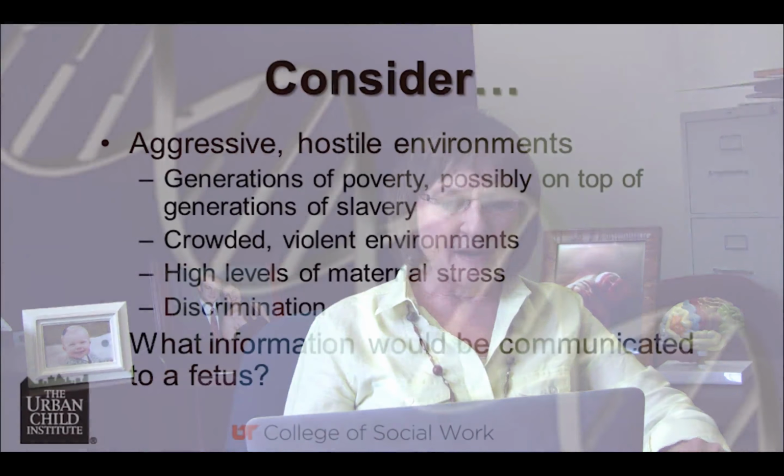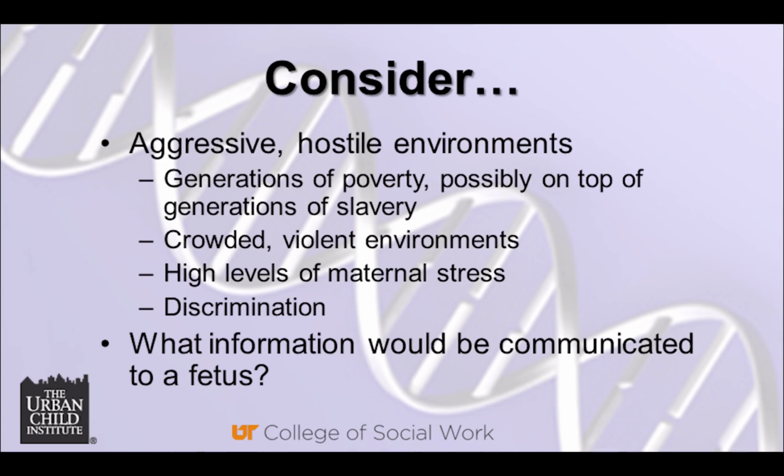So before we move on, I want you to consider a number of environmental factors that are fairly common. First of all, aggressive, hostile environments. Generations of poverty. Realize, for example, that generations of families remain in poverty. And in our country lately, it's been very difficult to advance out of poverty when you come from poverty.